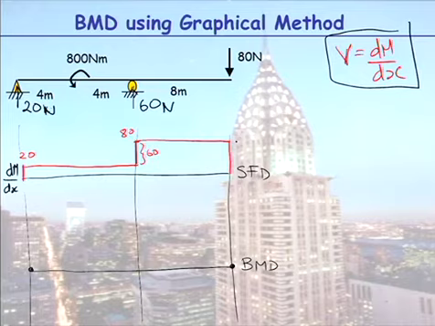They're both positive values, which is normally an upward slope, remember, but because we draw bending moment positive down, a positive value actually equates to downward slopes in our bending moment diagram.